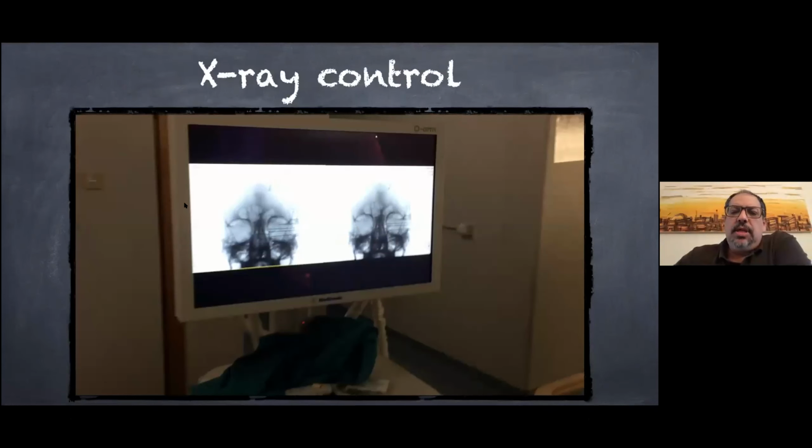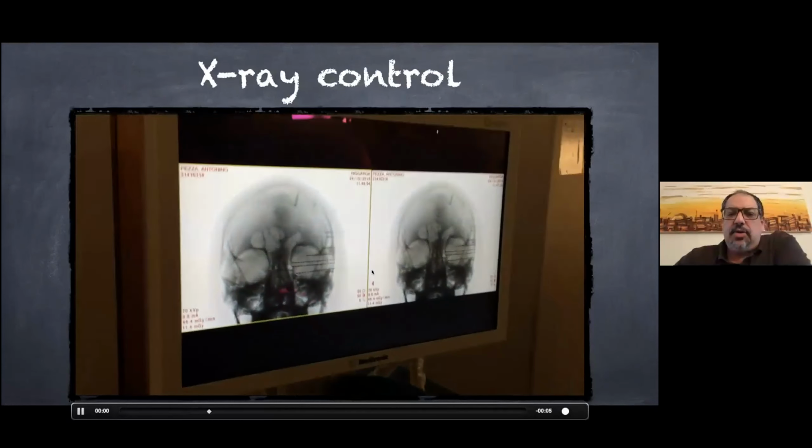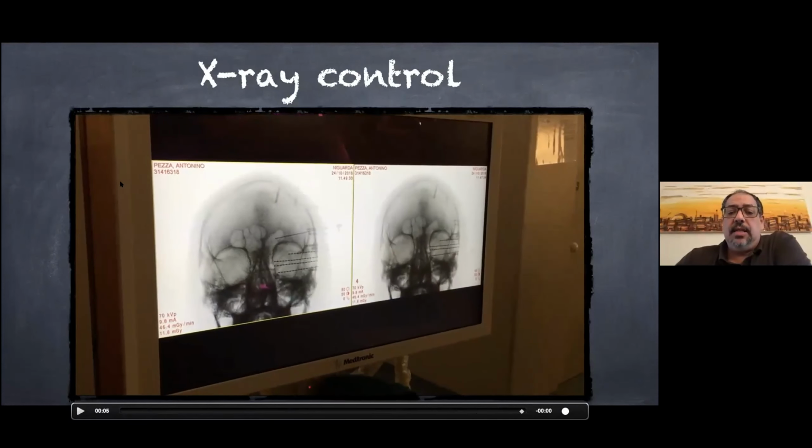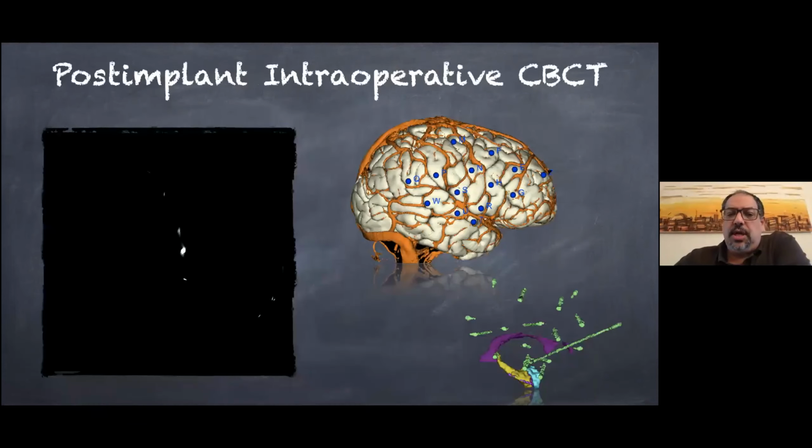We like to do this under X-ray control exactly to check if we have deviation of the electrodes and at least roughly if the depth of implantation is correct.